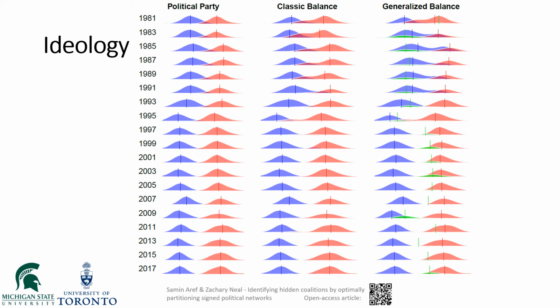Using this approach, we observe the dominant left-leaning and right-leaning coalitions, but also a new third, smaller coalition shown here in green. Notice that the ideological stance of this third coalition is unstable. In some sessions, like the 98th, it was liberal, while in other sessions, like the 106th, it was conservative.